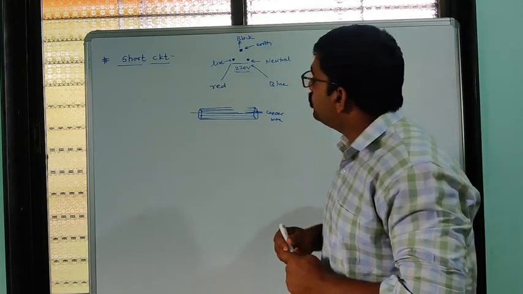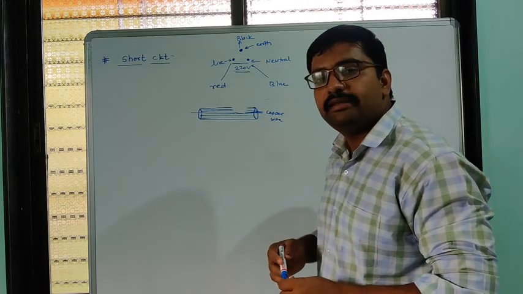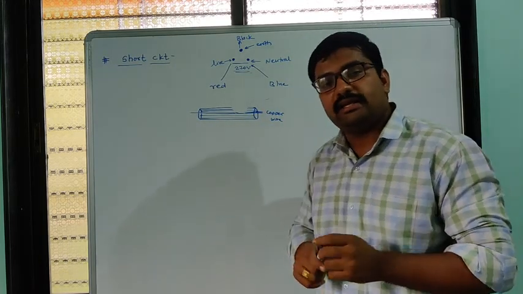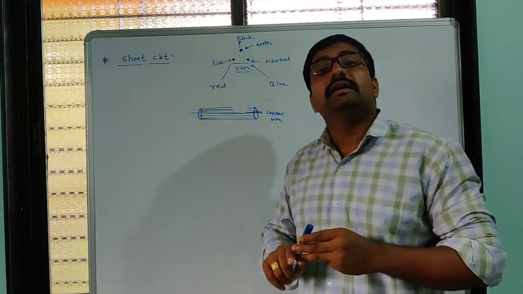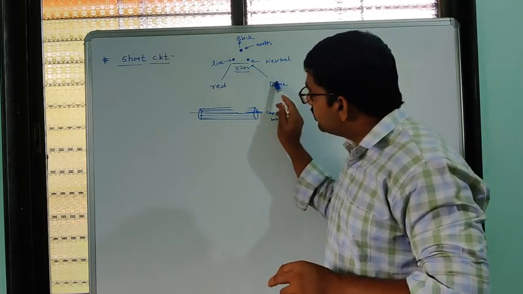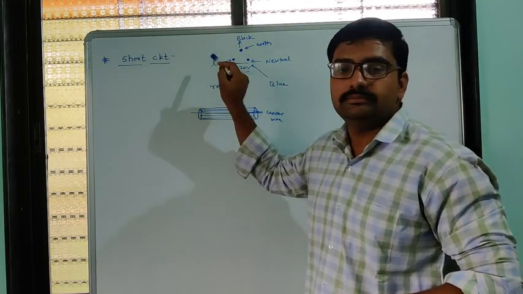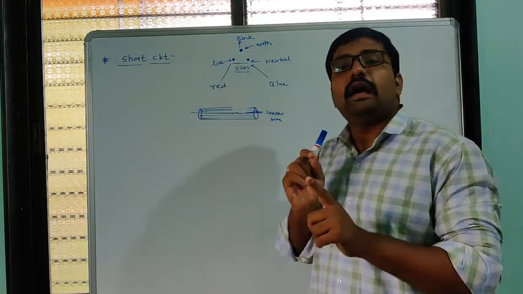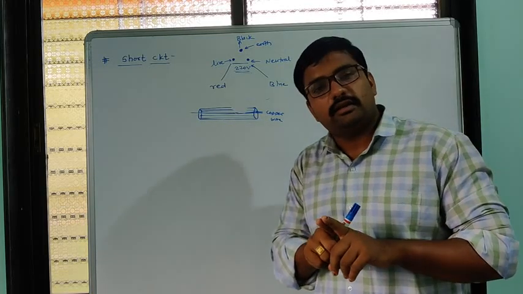So due to the production of large heat, whatever inflammable material is present around this wire, such as plastic, wood, and clothes, catches fire. So this scenario is simply called a short circuit. What happens when live and neutral wires touch each other?